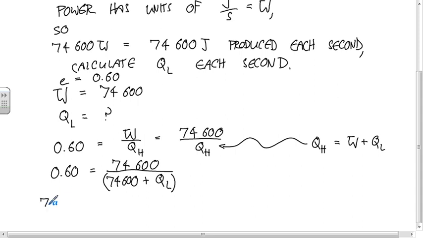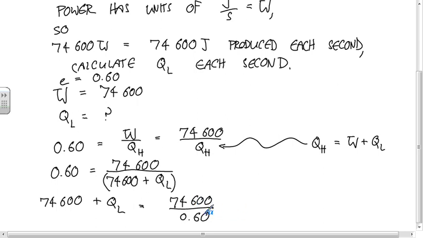So I'm going to multiply both sides by the denominator. And then I'm going to do sort of two steps at once and divide both sides by 0.6. So 74,600 plus QL is equal to 74,600 divided by 0.6. I did it a different way before.